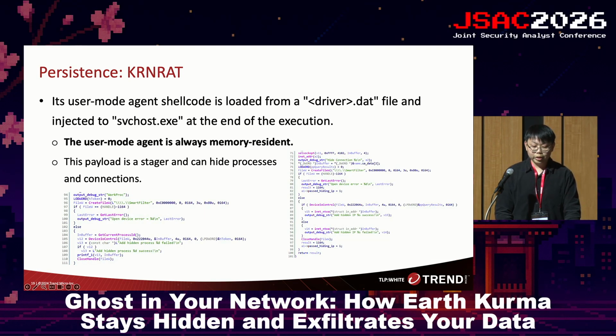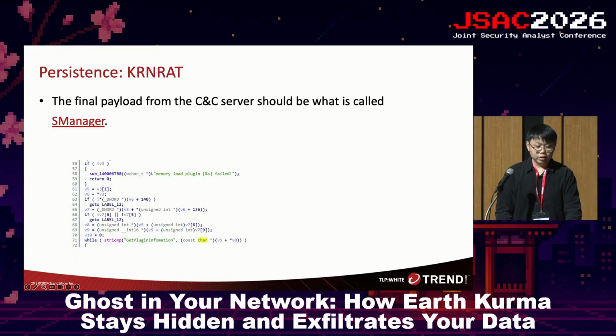Its user agent shellcode is loaded from a .dat file and injected into svchost.exe at the end of the execution, which means that the user agent is always memory resident. Based on our analysis, the payload is a stager and can hide processes and connections. And the final payload from the C&C server should be what is called the manager.